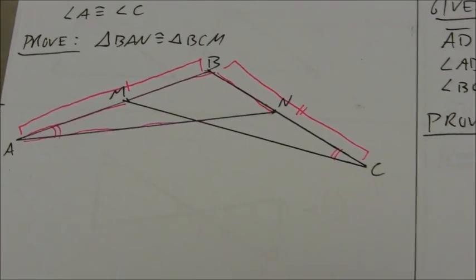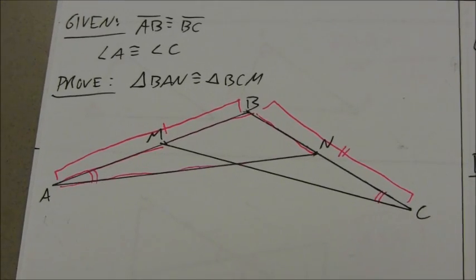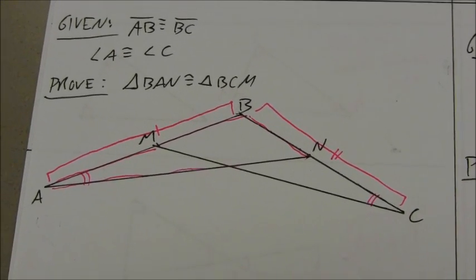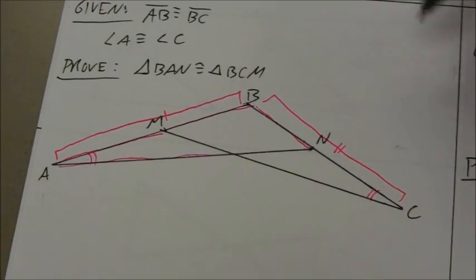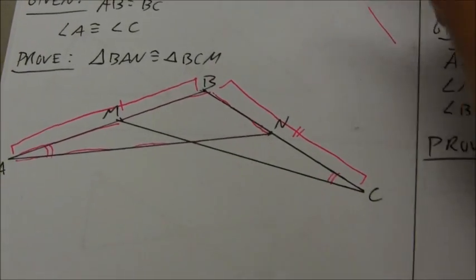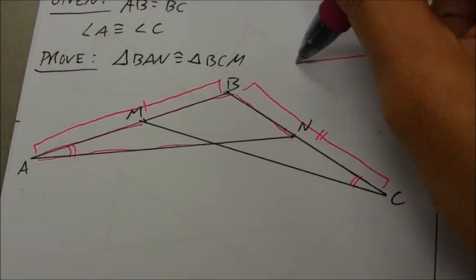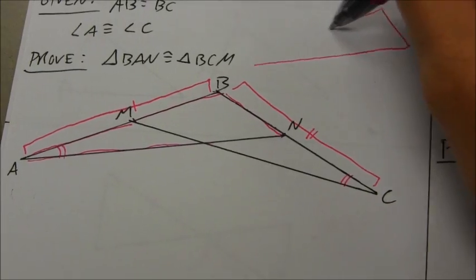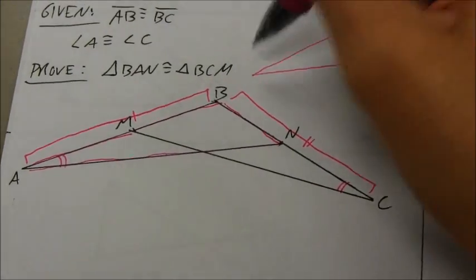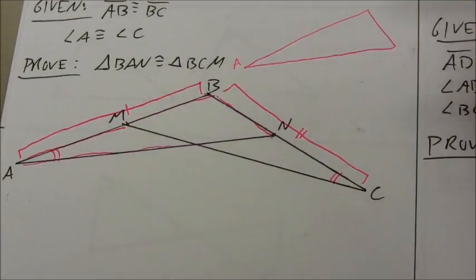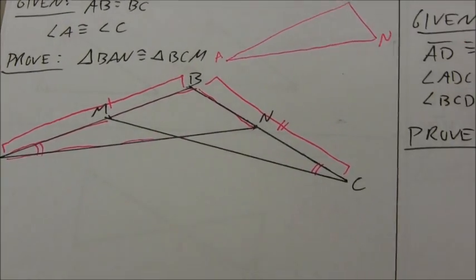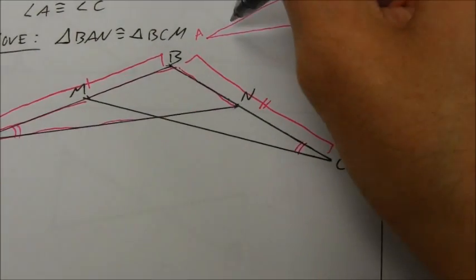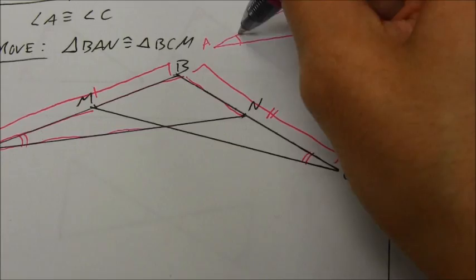Personally, I have a lot of trouble seeing the congruence in these problems. I would highly encourage you, if you're going to show overlapping triangles congruent, to draw one of your two overlapping triangles separately so you make sure you get the correct rule based on your markings. So I'm going to redraw triangle ABN, and I'm going to add the labelings again.